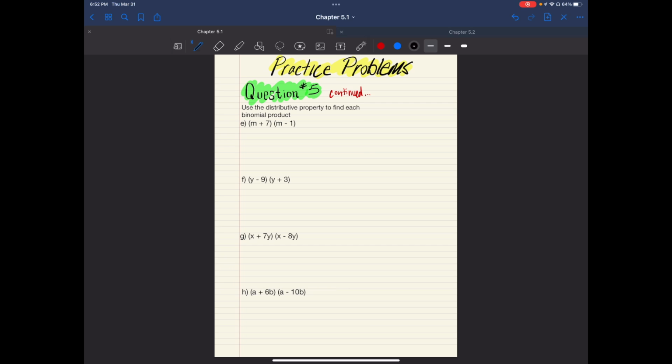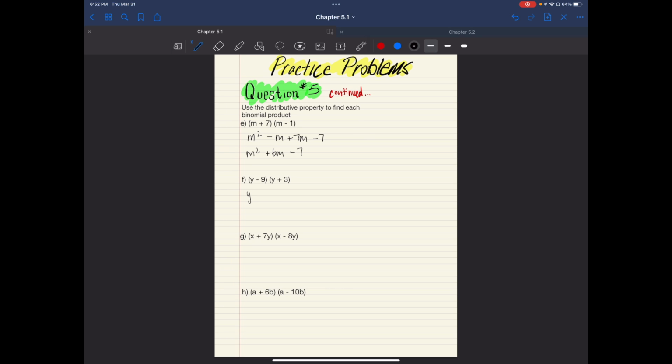Continuing question 5 here, we have m squared minus m plus 7m minus 7, collecting like terms, plus 6m minus 7.